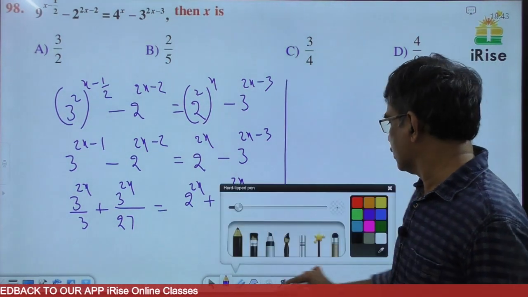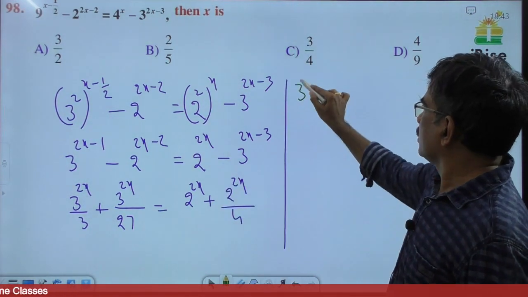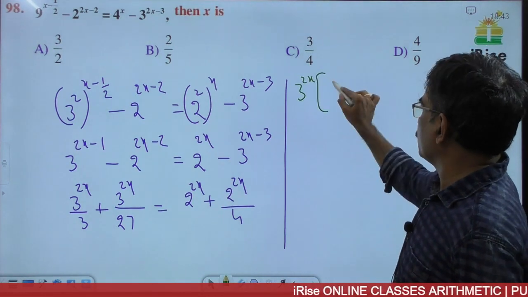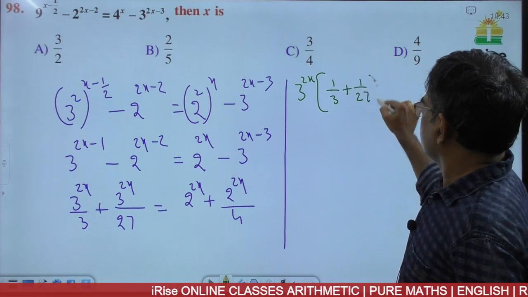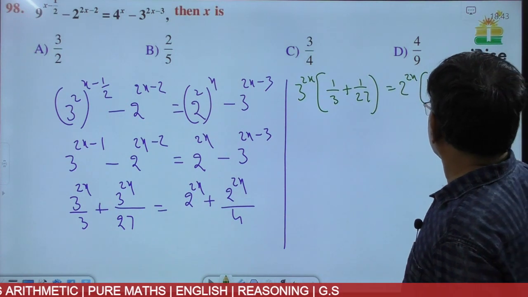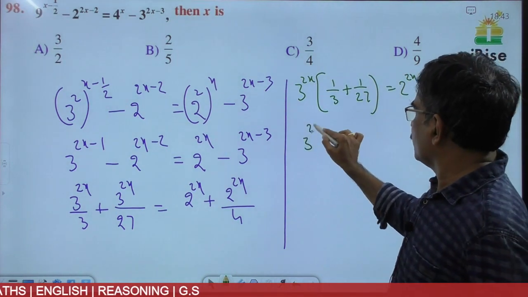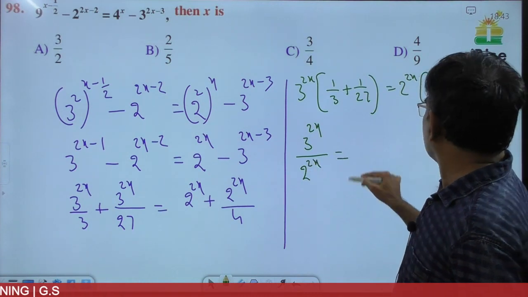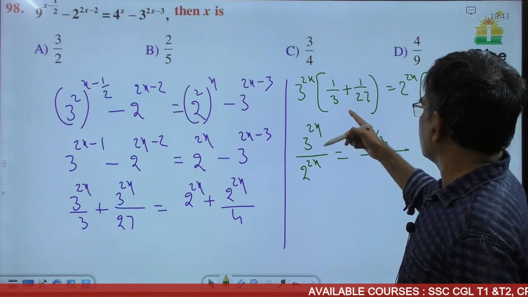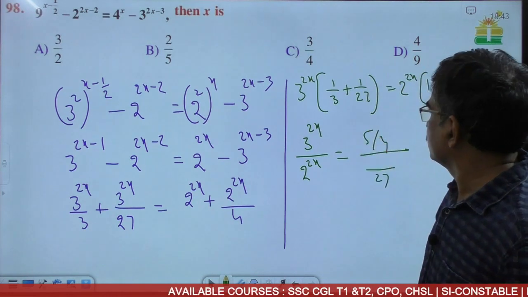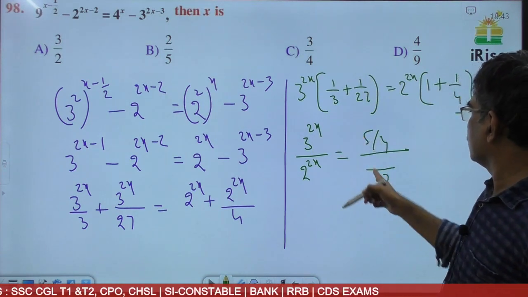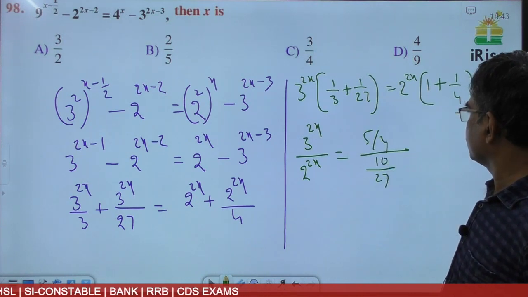Then what do we get here? This is equal to 3 power 2x common: you get 1 by 3 plus 1 by 27. 2 power 2x common: we get 1 plus 1 by 4. So 3 power 2x by 2 power 2x is equal to 5 by 4 divided by, after simplification, the denominator 27. 3 nines, 9 plus 1, 10.